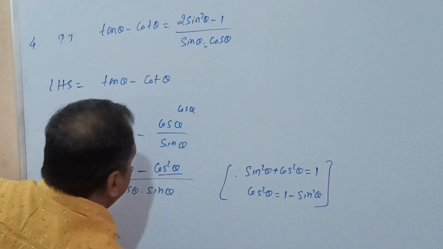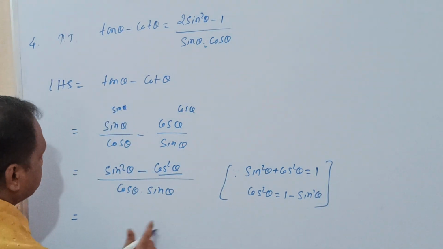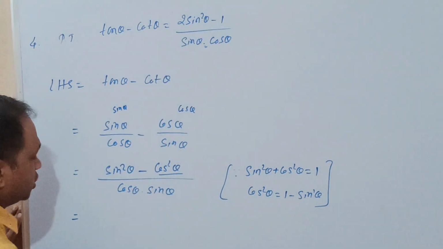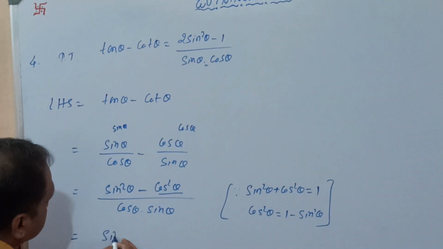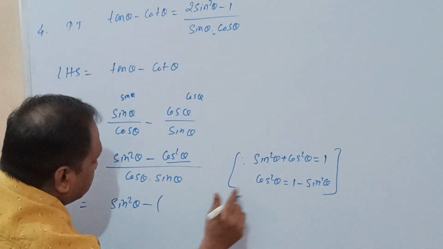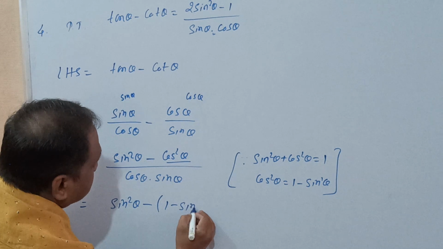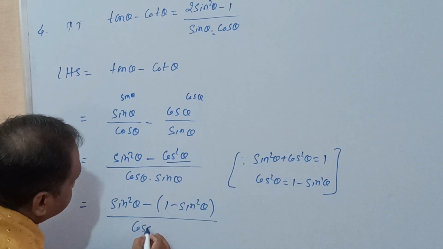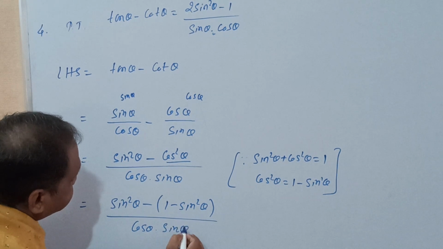So for cos square theta, I will put 1 minus sin square theta because we need RHS in the form of 2 sin square theta. So sin square theta minus, into bracket, 1 minus sin square theta, whole divided by cos theta into sin theta.